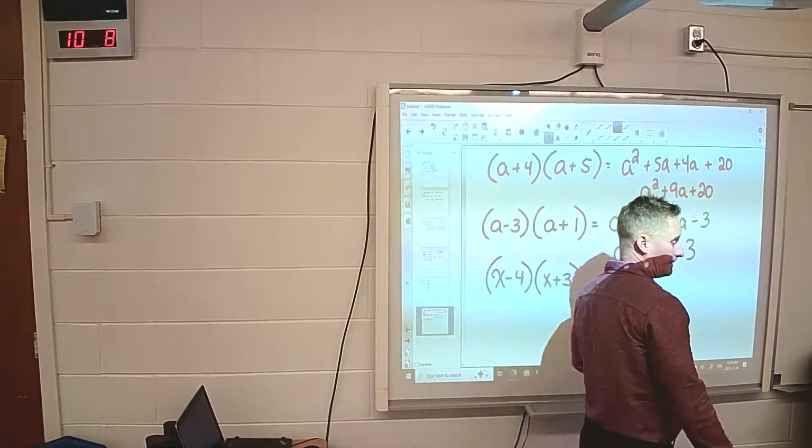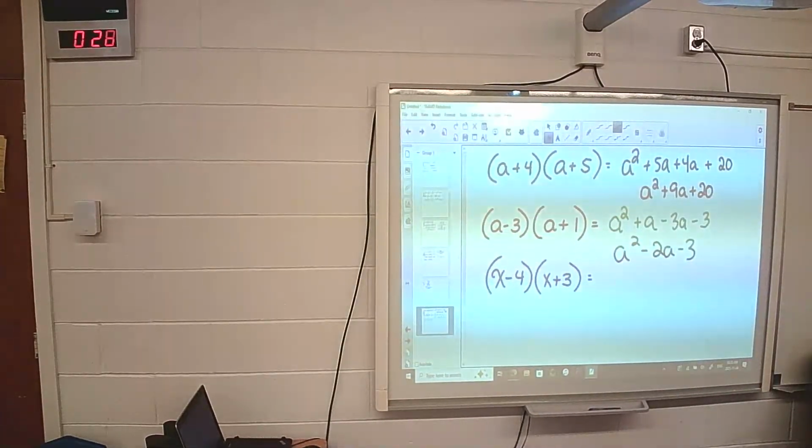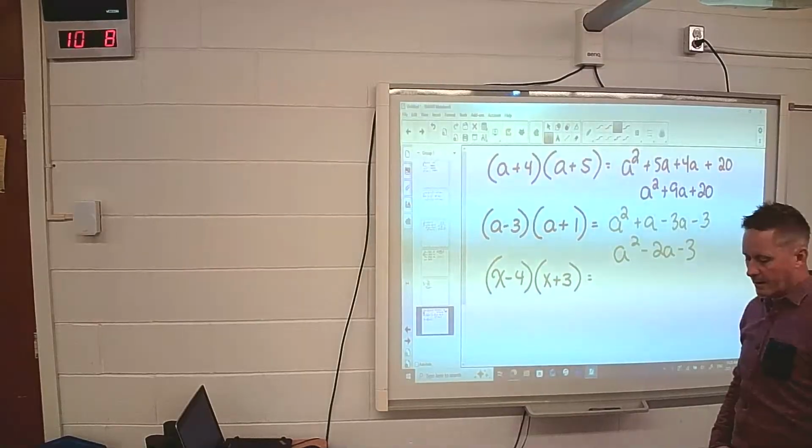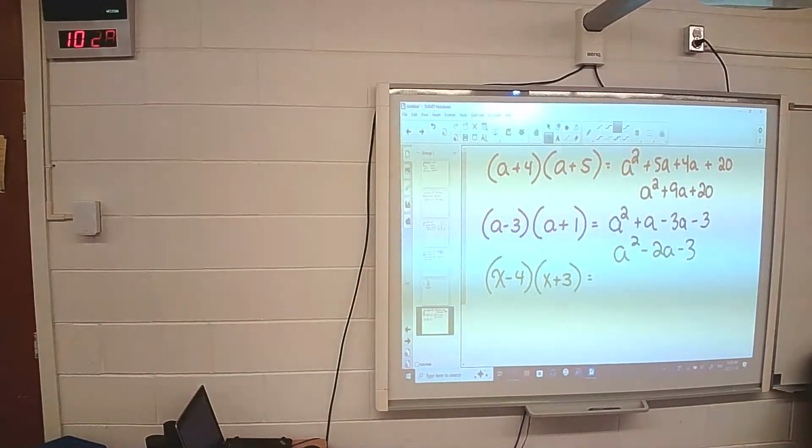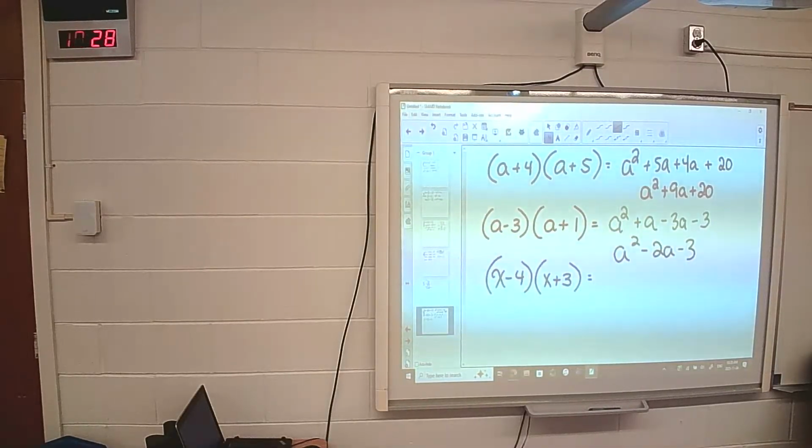All right. Before you write this out, I said to you the middle term is the sum of the outside and the inside. As soon as you look at this right now, as written, because x and x are x squared, I have negative 4 and 3.